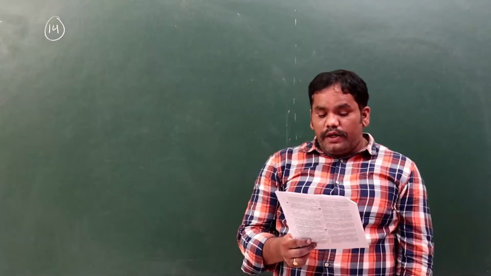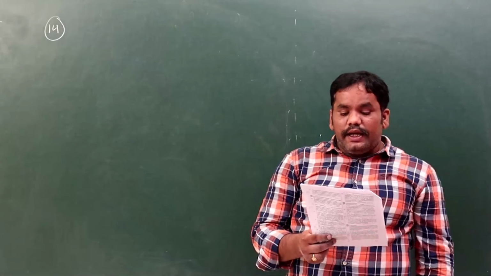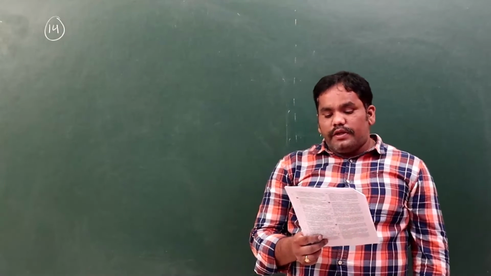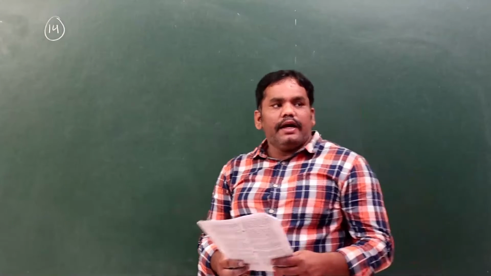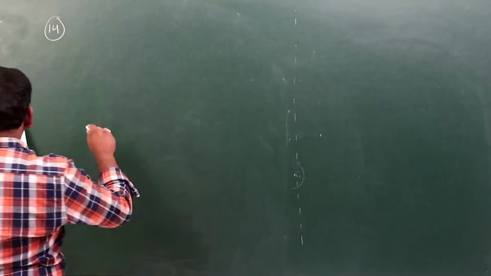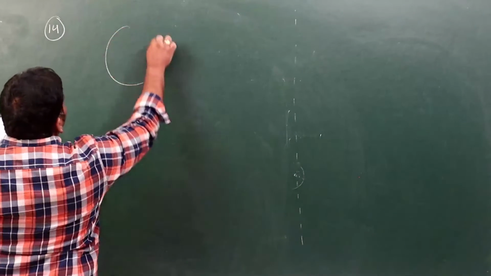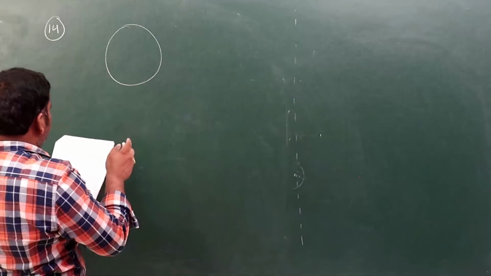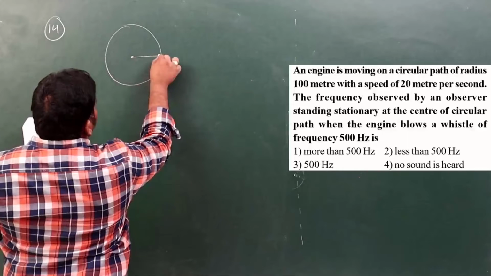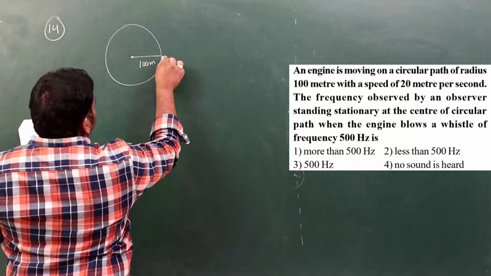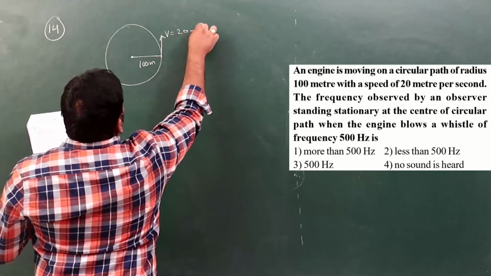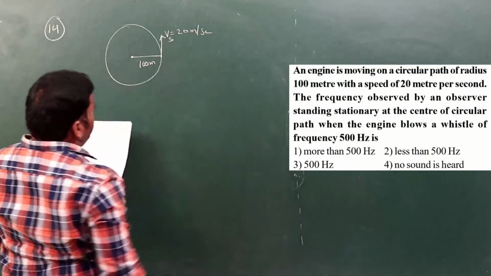The frequency observed by an observer standing stationary at the center of the circular path, when the engine blows a whistle of frequency 500 Hz. The engine is nothing but the source, moving with velocity 20 meters per second.